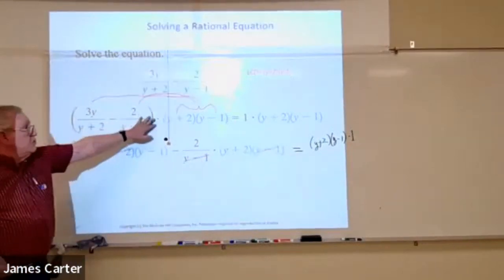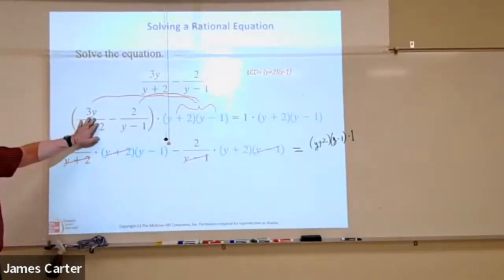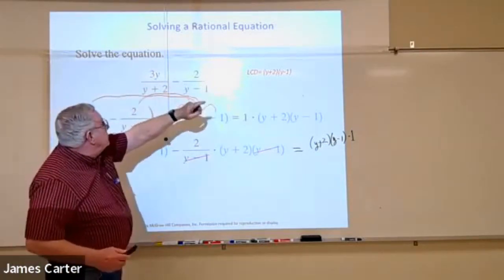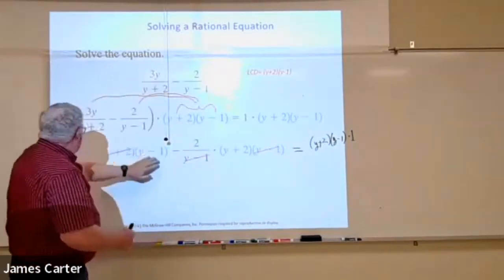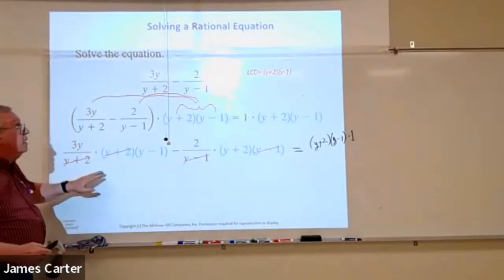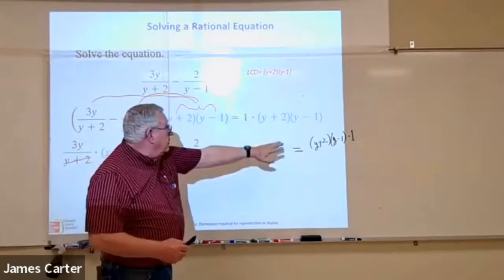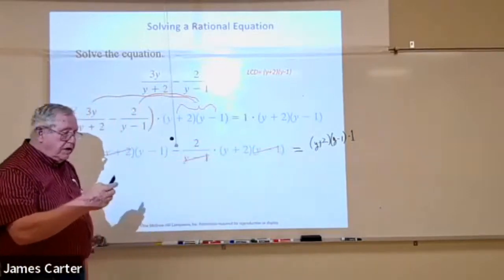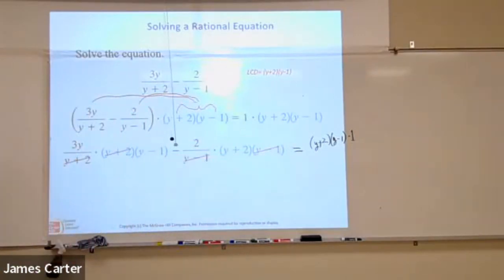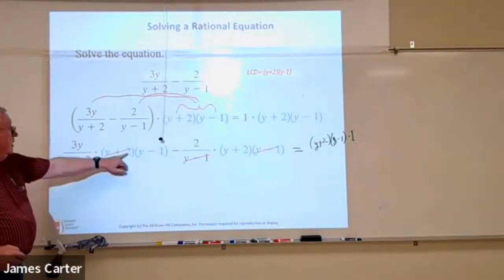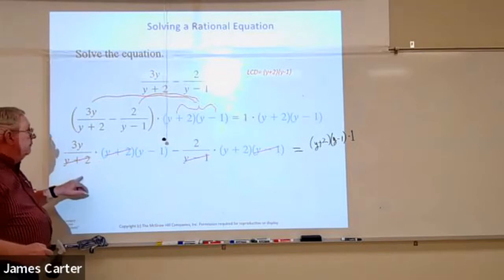I wouldn't bother with showing this line. I really wouldn't. I never do it myself. I say I got this, there's my common denominator. I'm going to take it times this first term. I'm going to take it times this second term and the third term, or however many terms there might be. I can do some canceling then after I do that. These 2 will cancel.